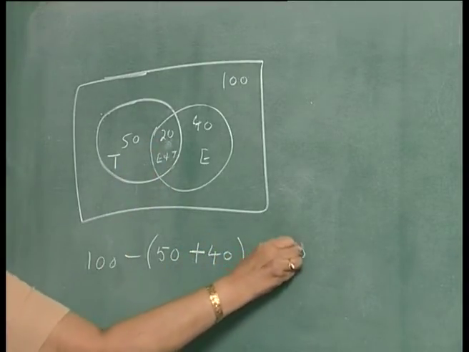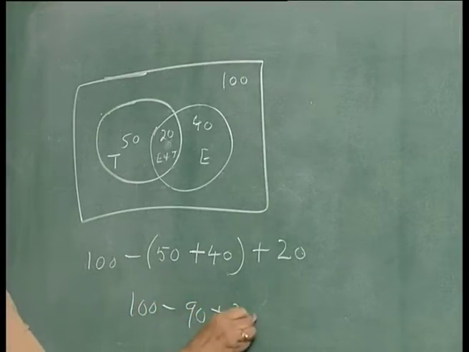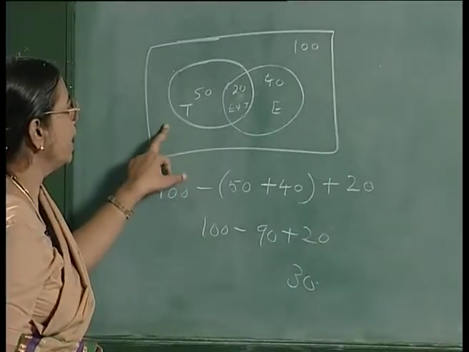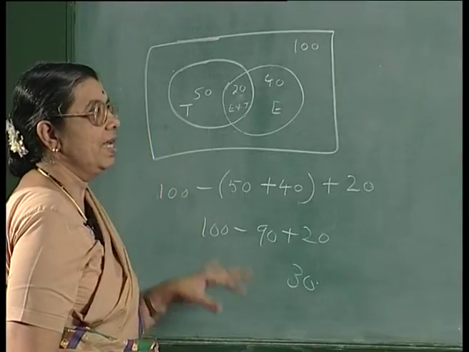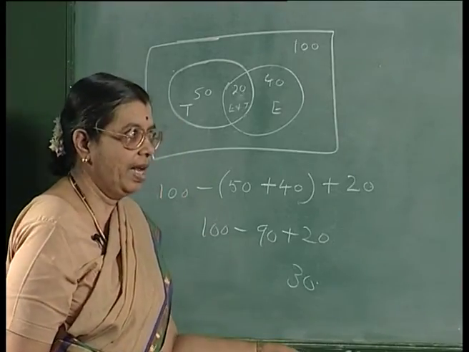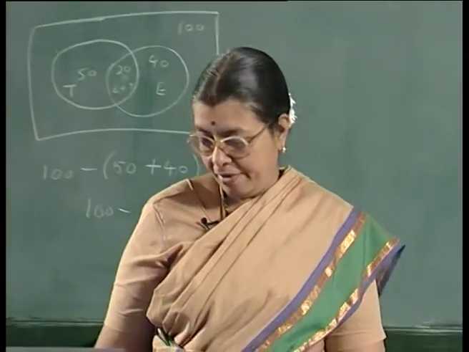So, you have to add that 20. So, that will be 100 minus 90 plus 20, which is 30. So, the number of people who do not know either Tamil or English is 30. This is in essence the principle of inclusion and exclusion. Let us see formally how we define this.